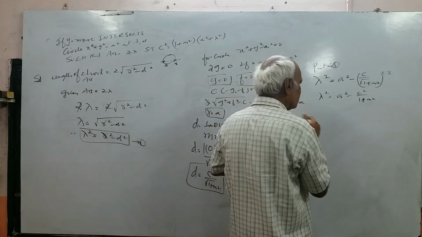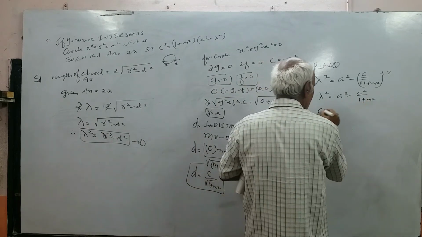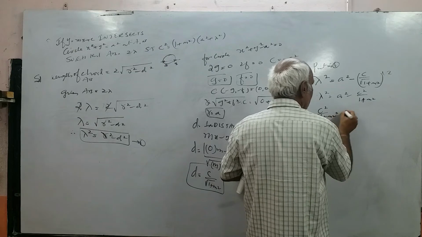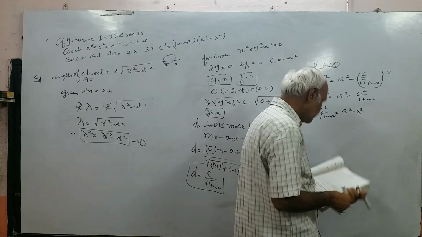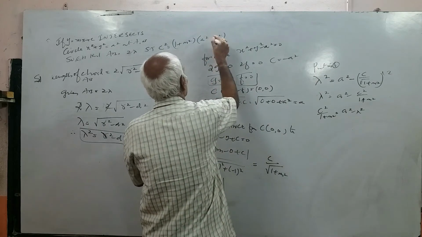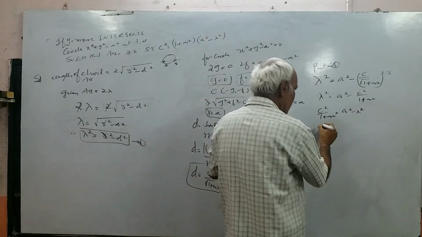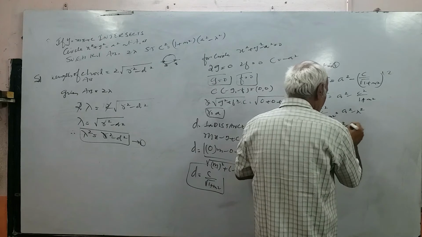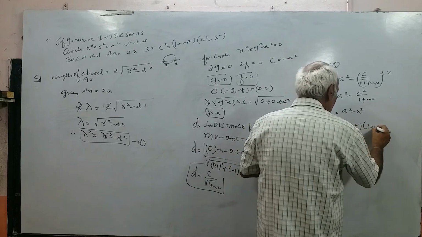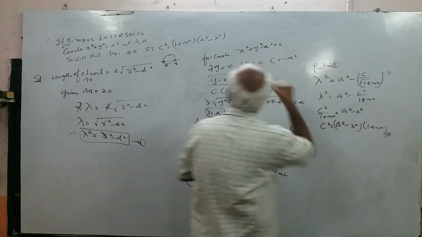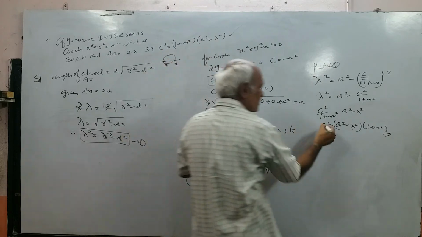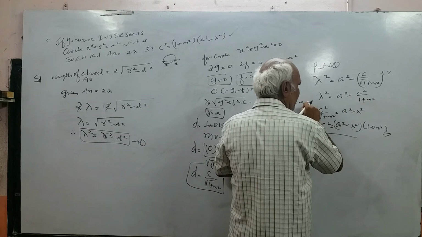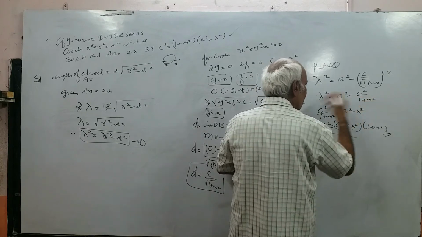So bring the c square by 1 plus m square to one side: c square by 1 plus m square is equal to a square minus lambda square. Here it is a square minus lambda square, sir, not plus. So cross multiply: a square minus lambda square into 1 plus m square. Same thing we got: 1 plus m square into a square minus lambda square is equal to c square.